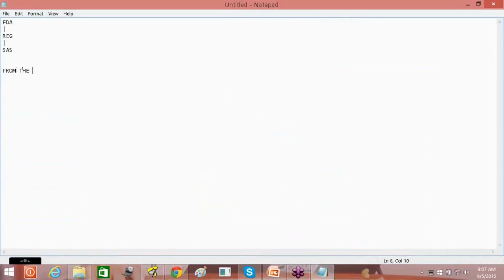From the clinical trial phases, CDM people will enter the data into CRF forms.